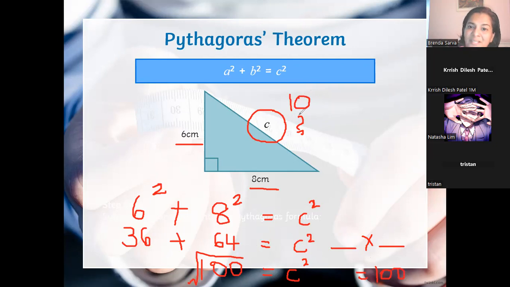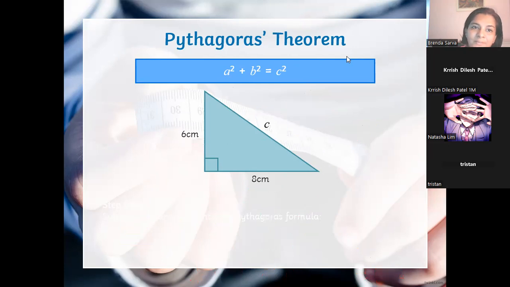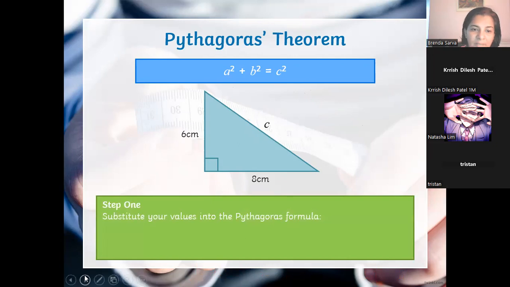So the length of C is 10 centimeters. Got it? You just solved the length of finding the hypotenuse, the C side, by using the Pythagoras theorem. And that's all there is. Not that bad, not that difficult. Is it difficult? Isn't it?